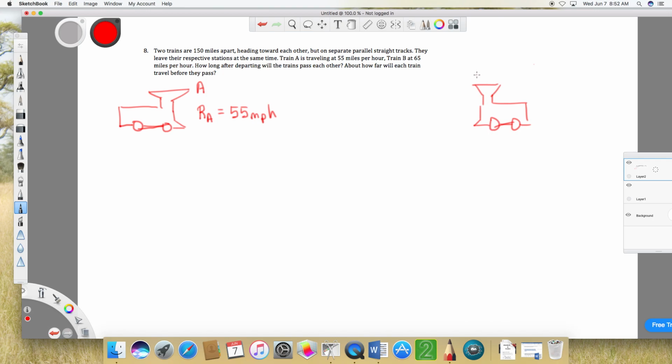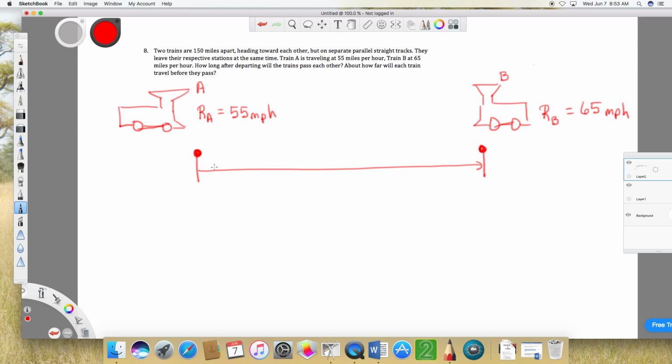All right, Train B. And Train B has a rate that is faster, 65 miles per hour. So it's leaving here. This one's leaving here.